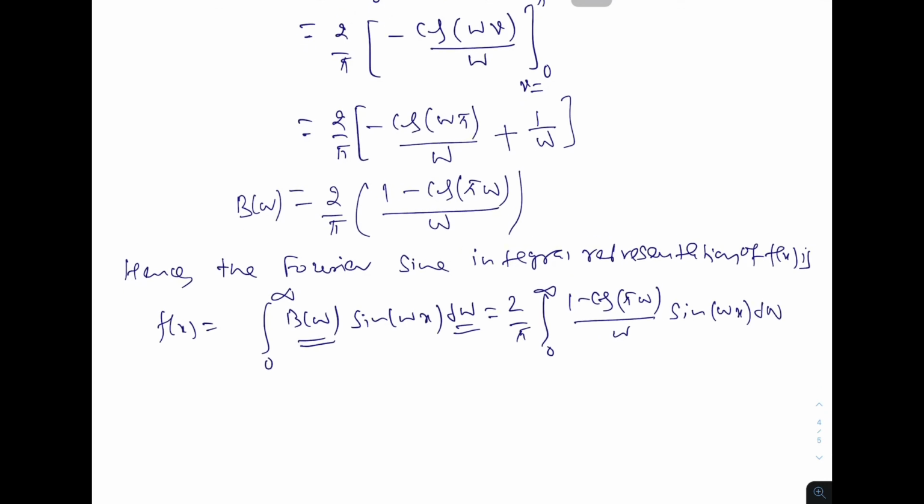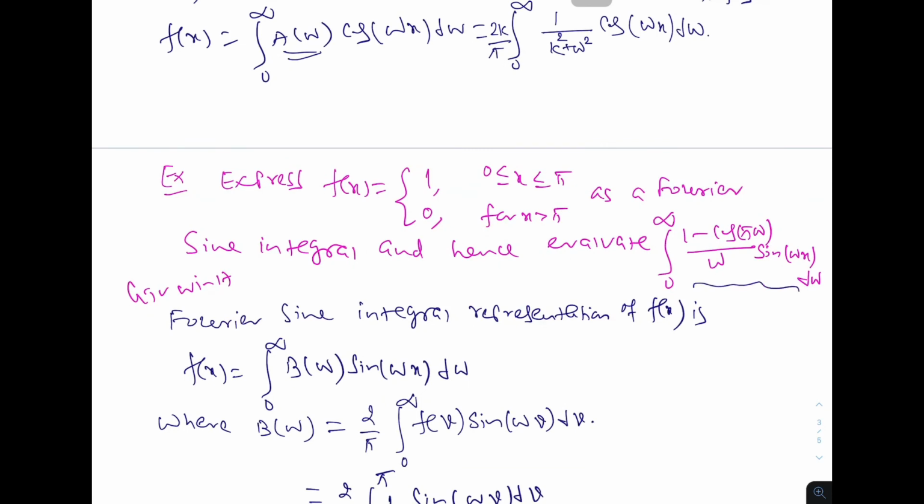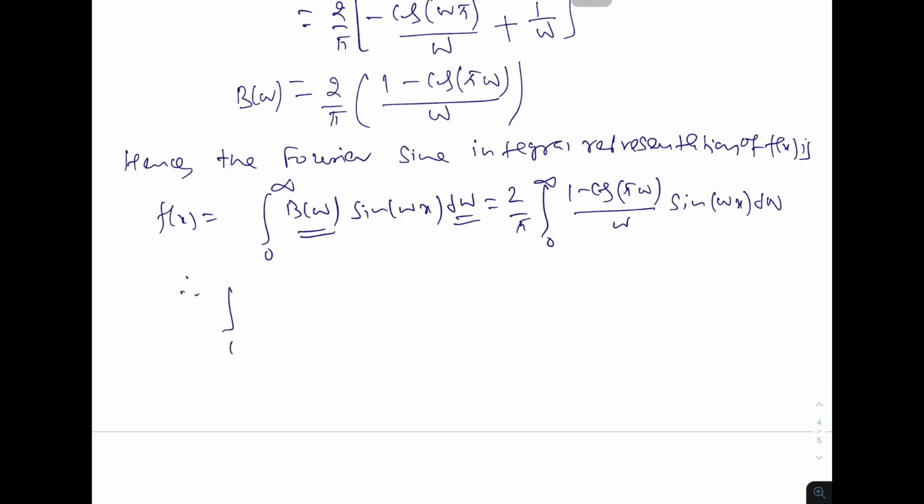Now we take this 2 by pi to the other side, because that's what we want. Then the value of this integration: the integration from 0 to infinity of (1 minus cos(pi omega)) over omega times sin(omega x) d omega equals pi by 2 into f(x).